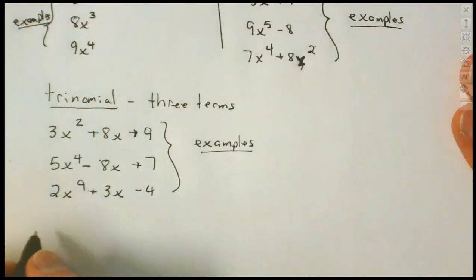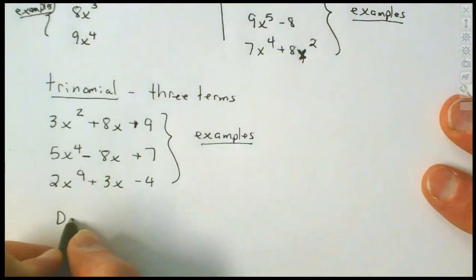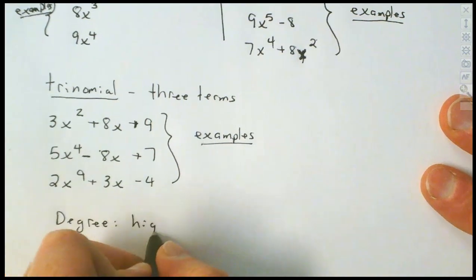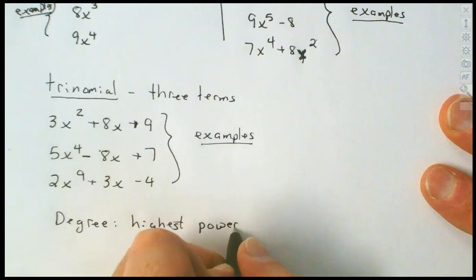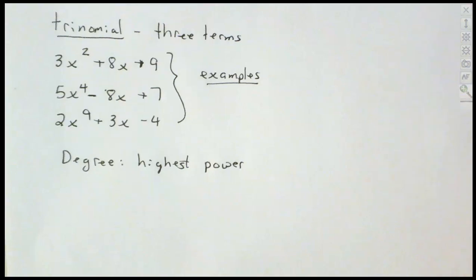Now the degree is going to be the highest power. So the degree of the polynomial is going to be your highest power. So I'm going to give you 2 of these, and then we're going to see what the degree of these are.